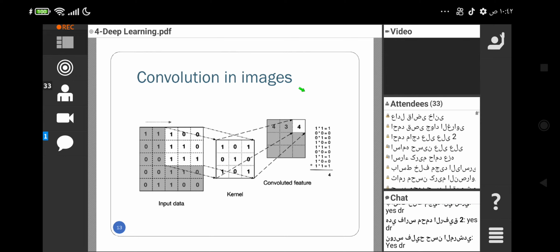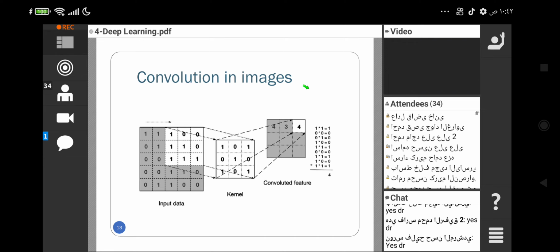So as I said, the center of this kernel is put on, and moves over, the input image. For example, when the center is put here, the result is 4. When it is put here, the result is 3, and when it is put here, the result is 4 again.